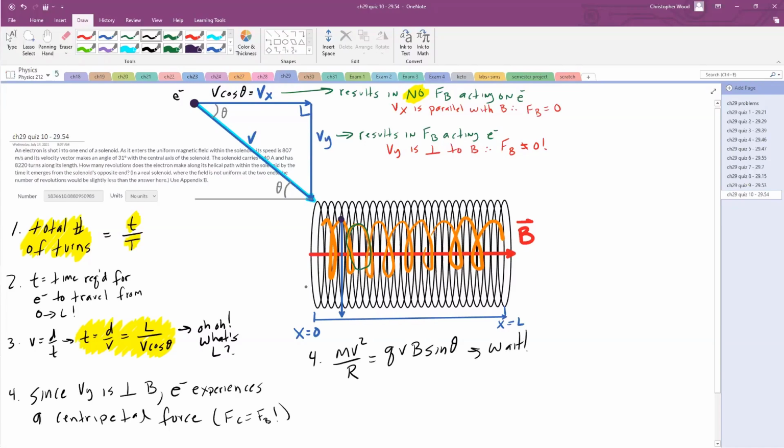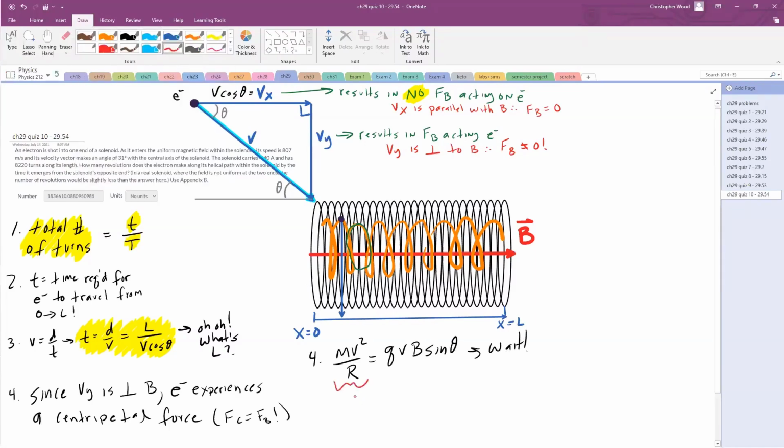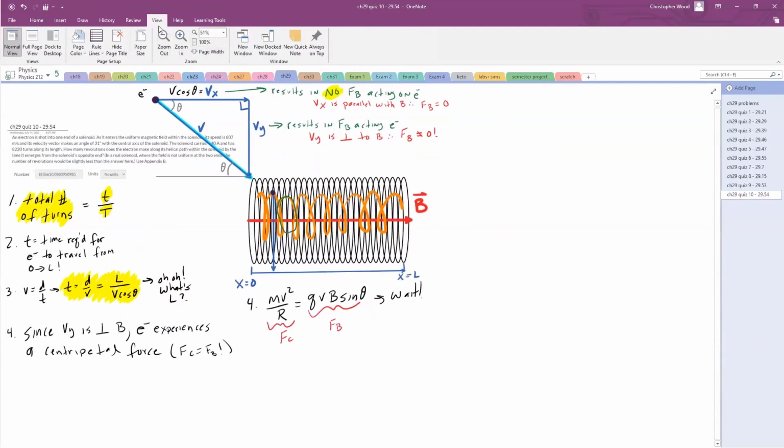That's generically true. This is my centripetal force, the instantiation of the magnetic force, and the magnetic force is always pointing to that center point. So just constantly repeating things. Okay, number 5 then.